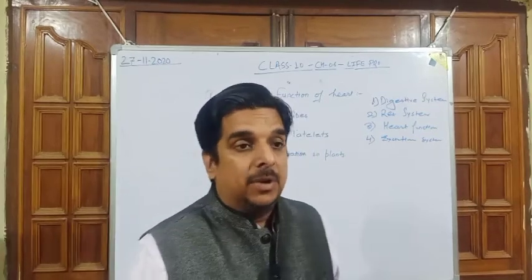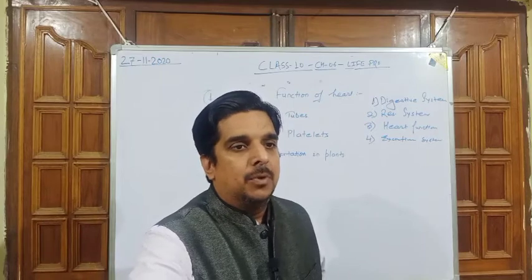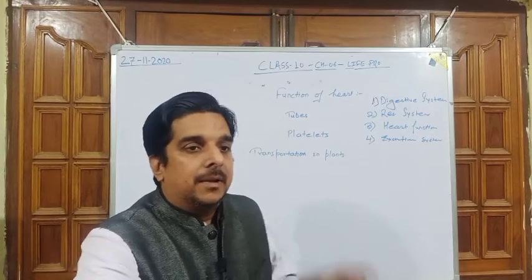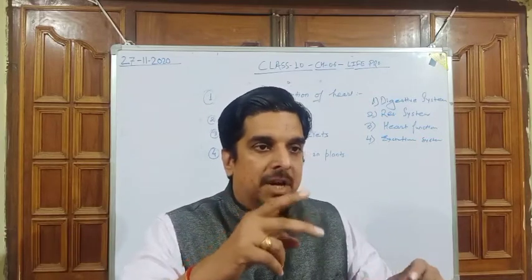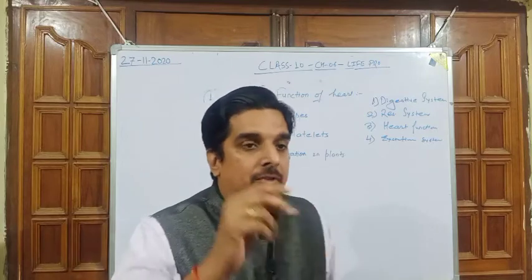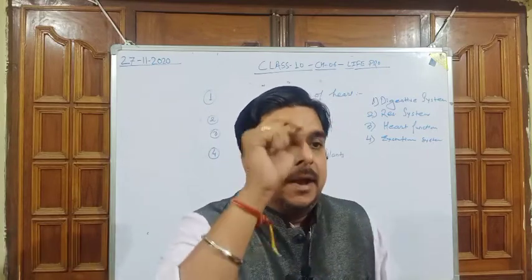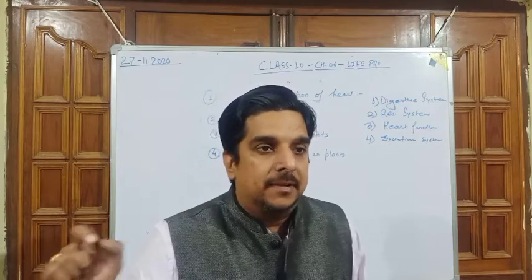For today's live class, I am giving you a question or assignment: write the complete reaction of photosynthesis, which comes in 2 segments. So again listen to me, write the complete reaction of photosynthesis.